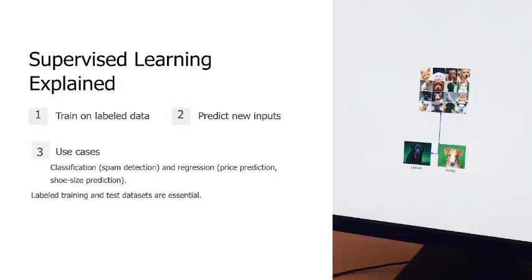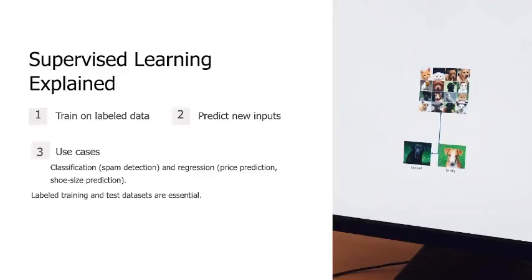Just like I said, our class will focus on supervised learning. One of the features of supervised learning is training on labeled data. After you train on labeled data, you will then predict new inputs. In the sense that after you build it to predict a particular output, you give it some data to predict.